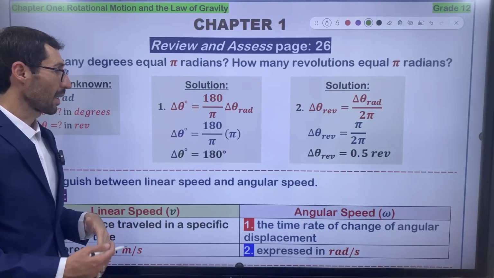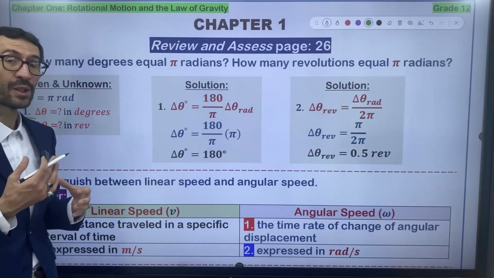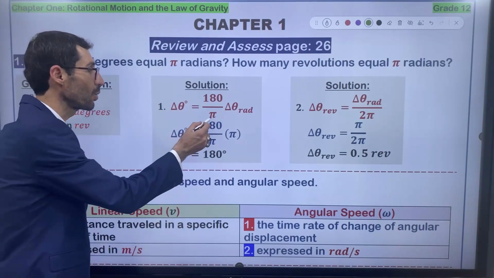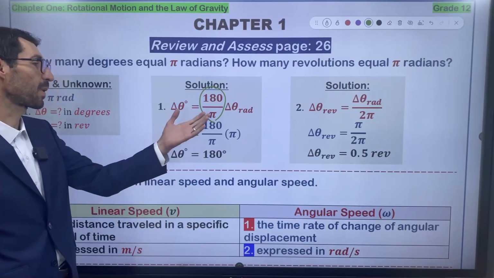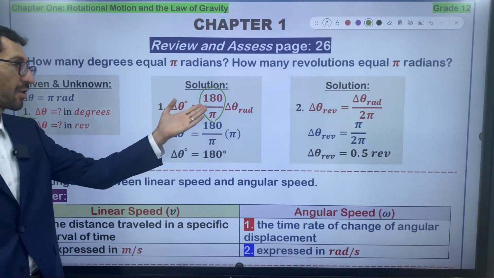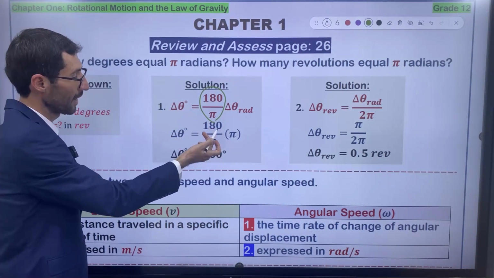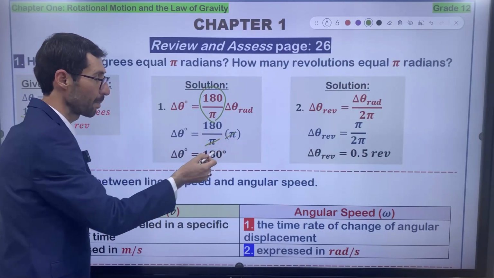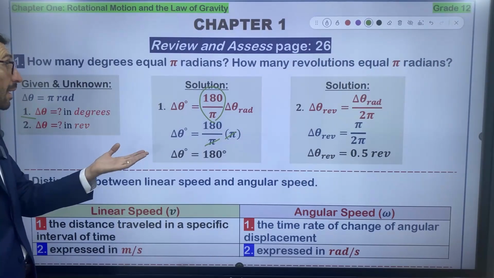Because we need degrees. Whenever you need degrees, you have to use this fraction, 180 divided by pi, multiplied by the given. The given is pi, so substitute the value, and we can simplify pi with pi. The answer will be 180 degrees.